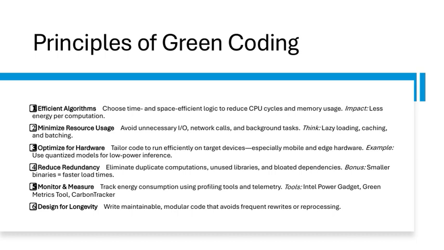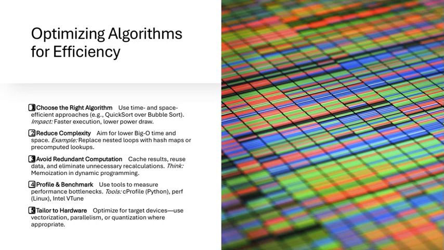When your code is well structured, it's easier to update and avoid frequent rewrites, which helps reduce unnecessary reprocessing and waste. Together, these principles help us develop software that's not only efficient, but also environmentally responsible, aligning with the larger goal of sustainable technology. Now, let's dive into optimizing algorithms for efficiency.